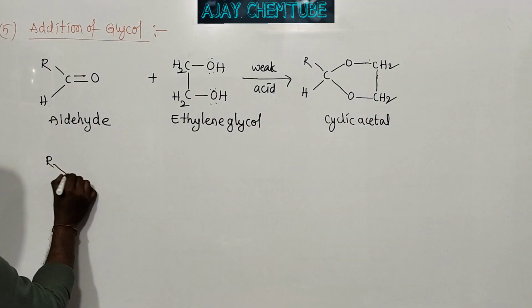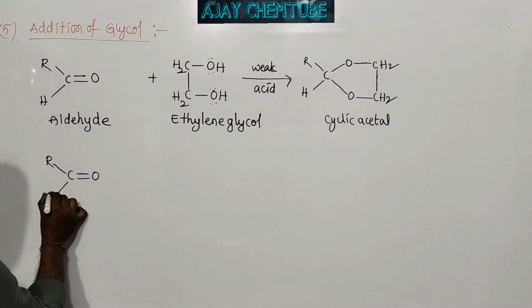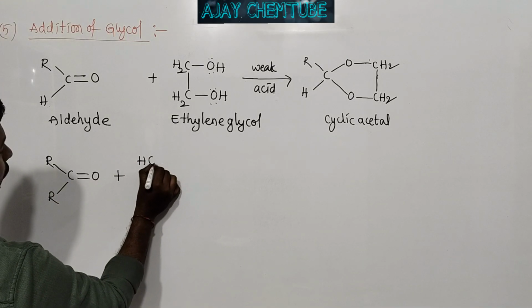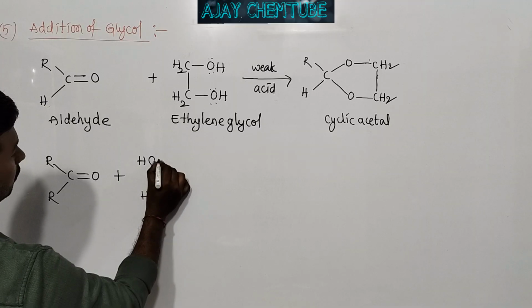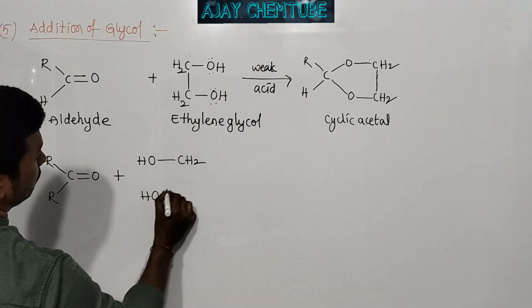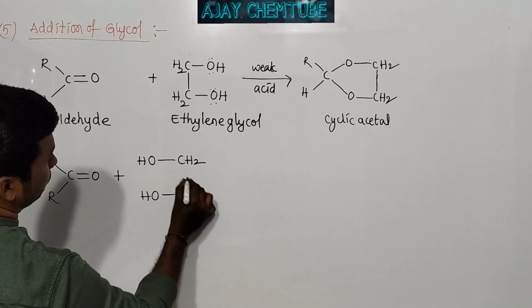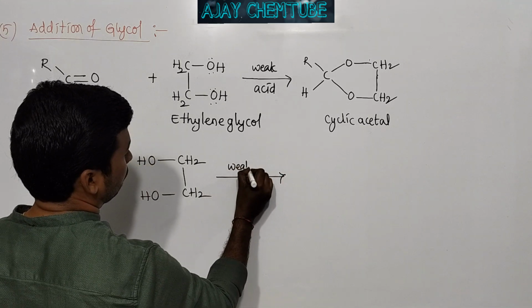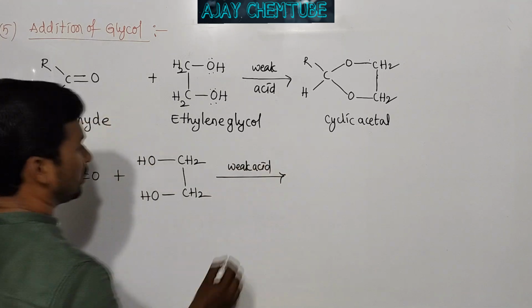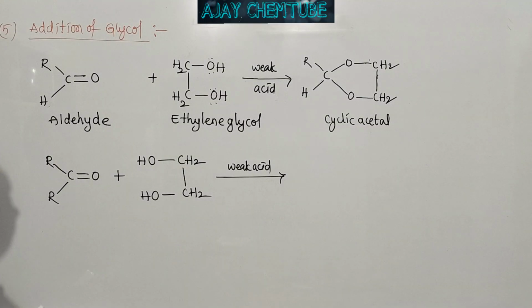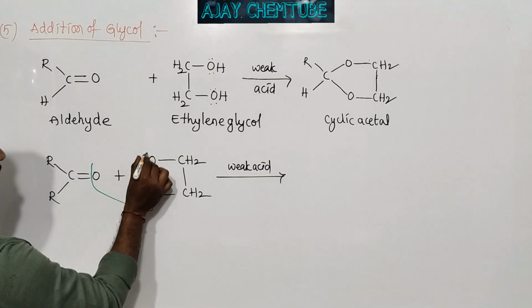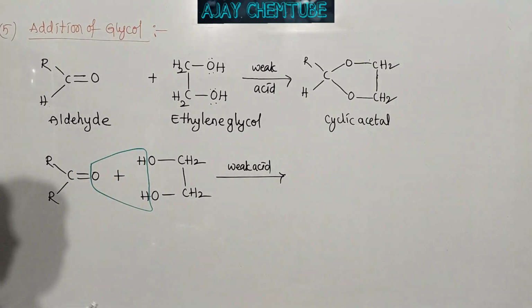So like this. This is R. Ethylene glycol, OH here, OH here, and this is CH2, and this is CH2, in presence of weak acid. Okay, right? So same reaction. To remember, I am taking it like this. Removal of H2O.